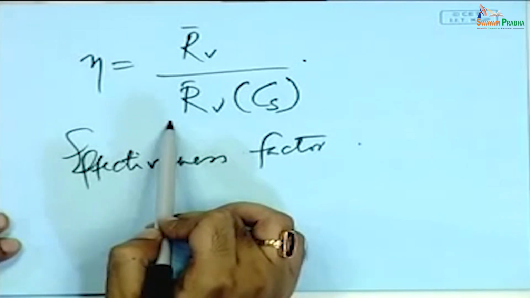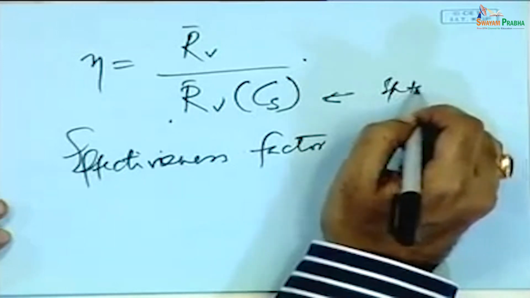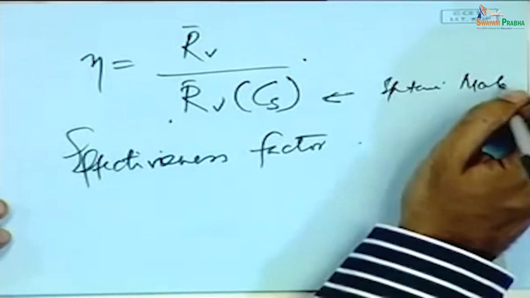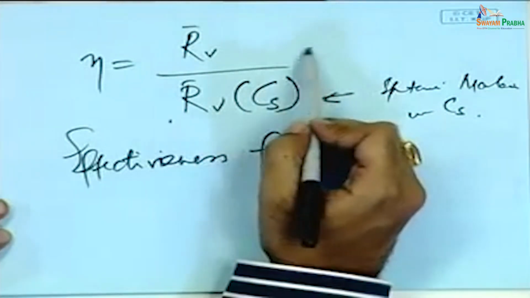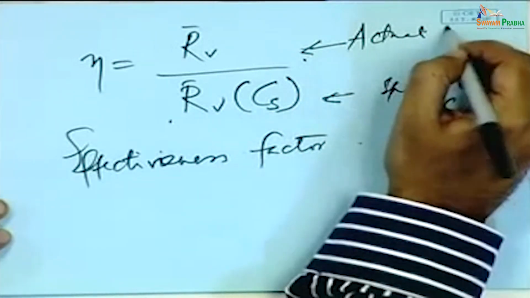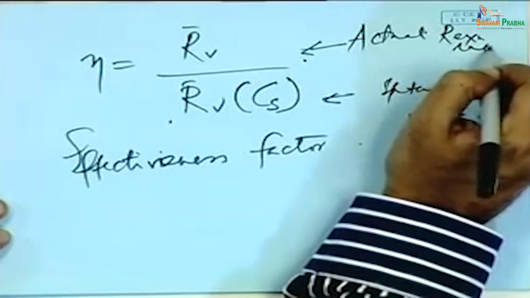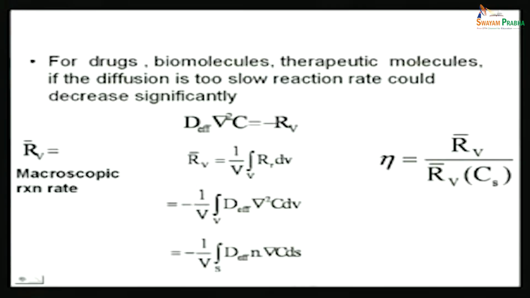In other words, if the entire amount of material were at the surface concentration, CS, that is my denominator, over the actual reaction rate that happens. And this actual reaction rate we can obtain, as I showed here on the screen, as the volume average.